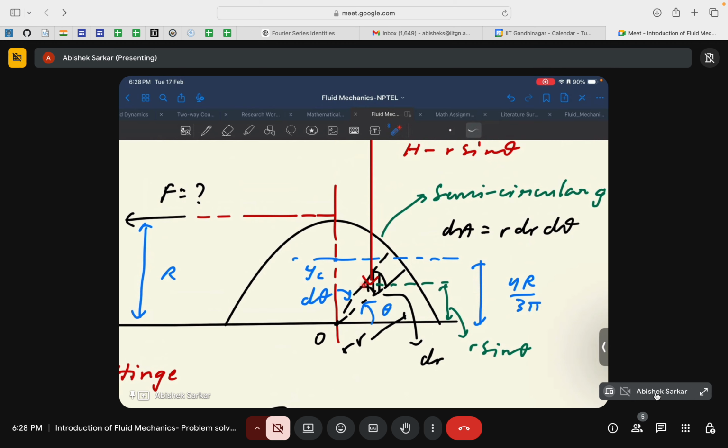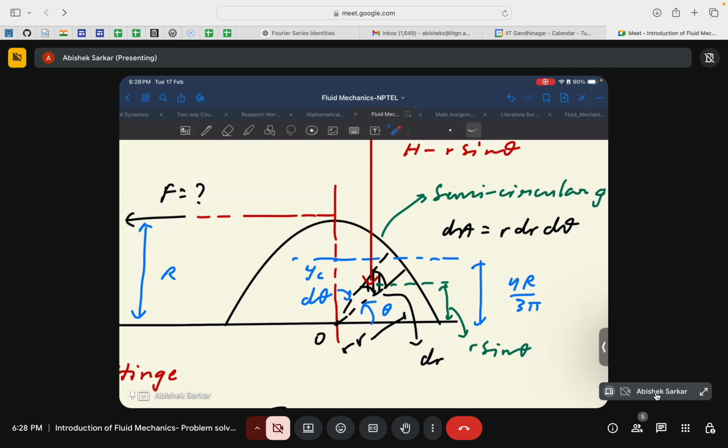If this angle is d theta, and say this element is a distance of r from the origin, or the hinge, I must say clearly, then this length would be r times d theta, and say this length is dr.